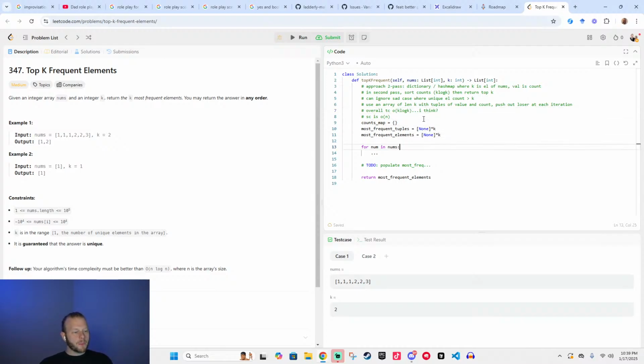Okay. Could use a default dictionary. That would clean this code up. I'm going to do instead the if-else pattern.